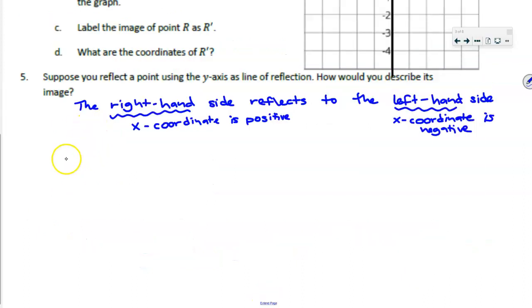And so, to summarize, we're seeing the same type of thing, but the direct opposite of what we saw before. This time, when I reflect over the y-axis, it's the y value that stays the same.